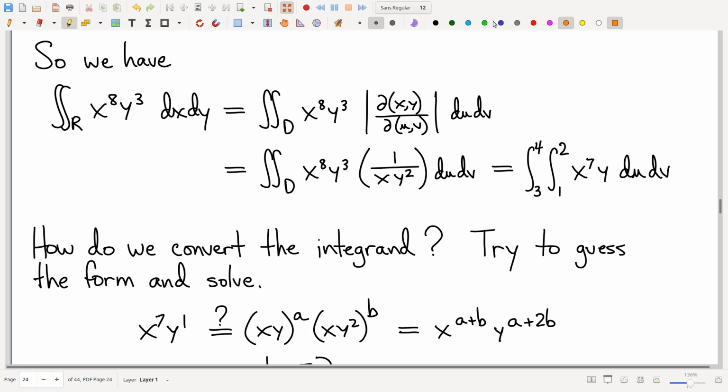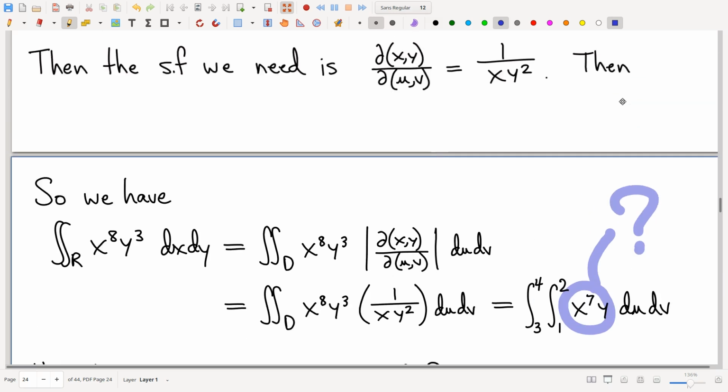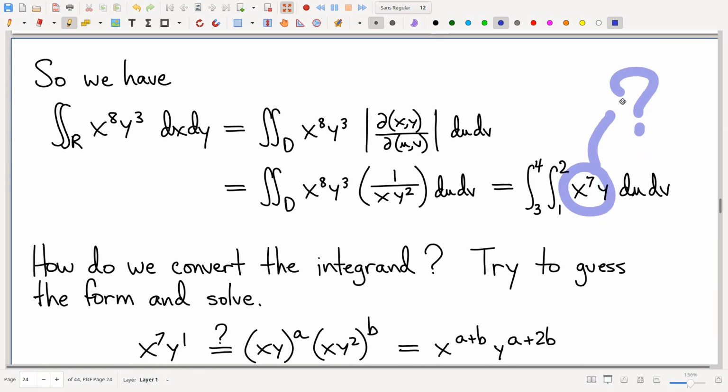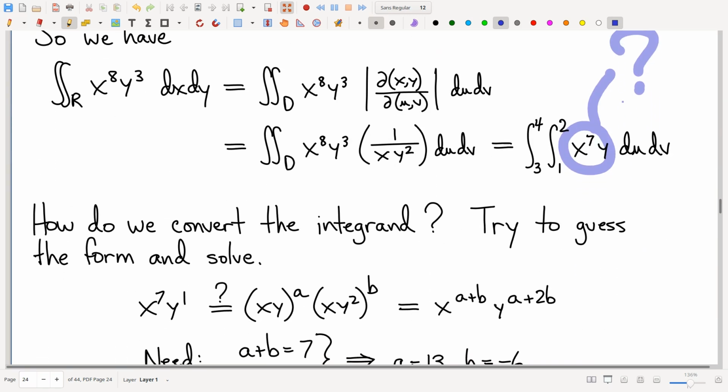All right, I don't know what x is. I don't know what y is. Look at our change of variables function. It's going the wrong way, and therefore I don't have formulas for x and y explicitly. So, what do? How do I rewrite this in terms of u and v in order to work out the uv integral that, of course, I want to do?